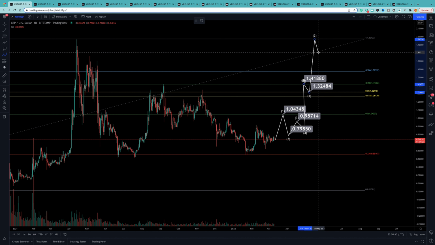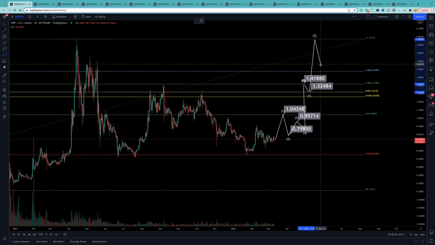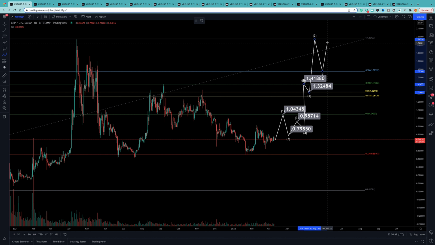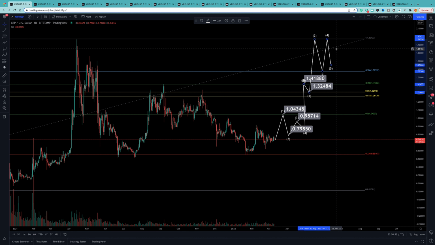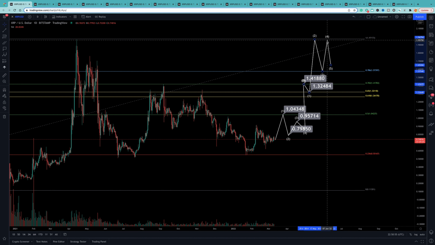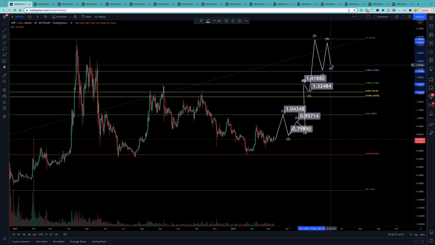Now 1, 2, 3, okay, I don't know whether we're going to come all the way back to the 786. Well, we'll definitely come back up and test it again, and we'll be doing a consolidation here, where mountain peak might come back up with something like this. So we'll be doing this.